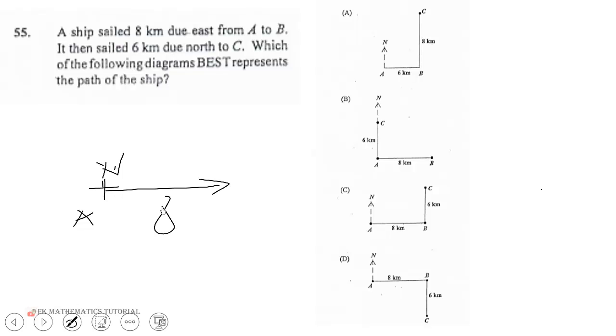So this is 8 kilometers. So point B will be here, and then it sailed 6 kilometers due north. So that will be point C here. That's 6 kilometers. So the correct answer is option C.